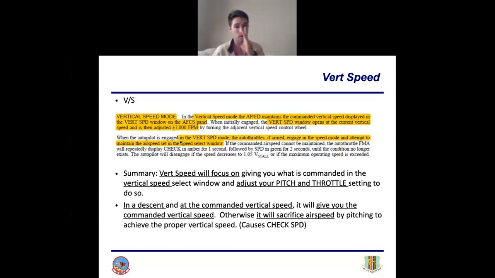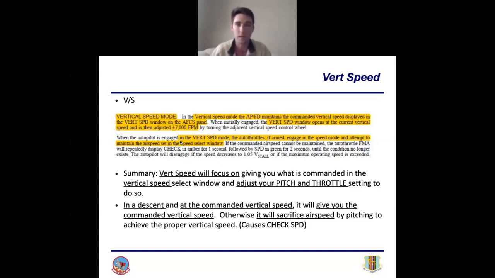And vice versa, it can give you a stall or too slow of a speed if you were trying to climb, per se, and it just didn't have the throttle to get you up to that speed. So vertical speed, different than FLCH, is going to prioritize your vertical speed, and it's willing to sacrifice your airspeed. And then FLCH is kind of the opposite.